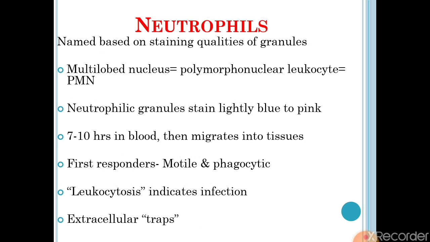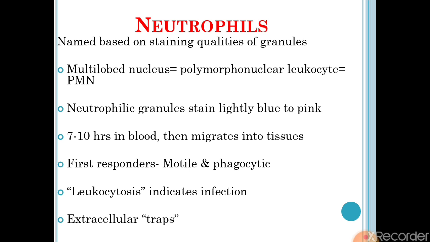The neutrophil is named based on the staining qualities of the granules. Their nucleus is multilobed. Therefore, they are also known as polymorphonuclear leukocytes (PMN). The neutrophilic granules stain lightly blue to pink. They remain in the blood for 7 to 10 hours, then migrate into tissues.